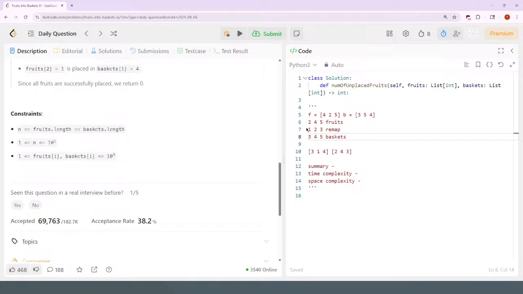So 3 remaps to 1, 2 remaps to 1. Okay, so at that point, the benefit there is every number for the fruits is a unique value, kind of.